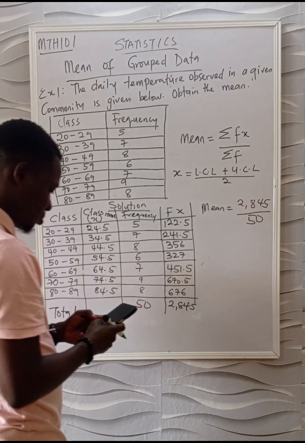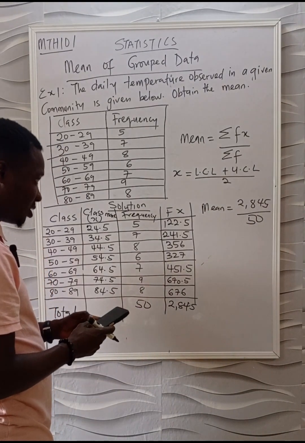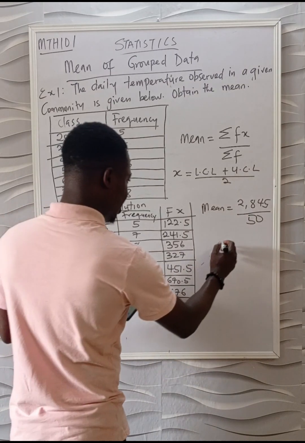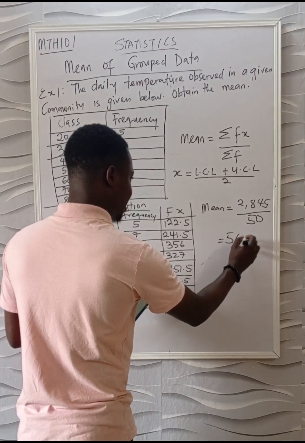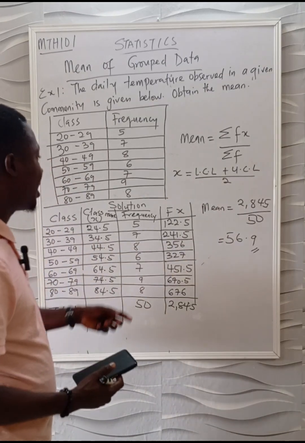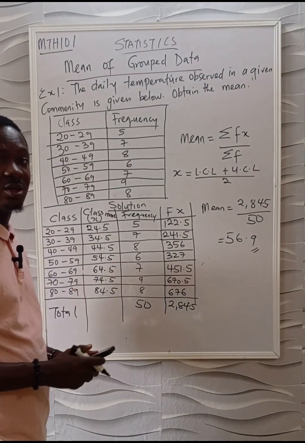So 2,845 divided by 50 will give us 56.9. This will be our arithmetic mean for this question.